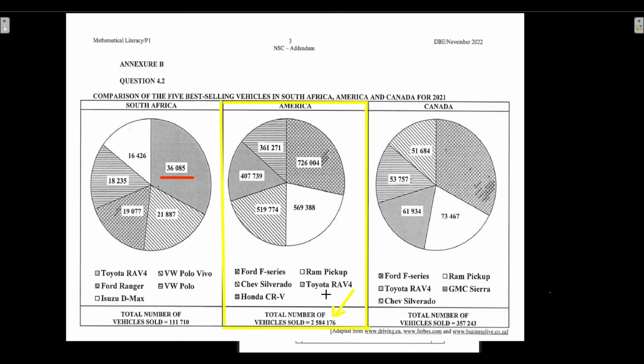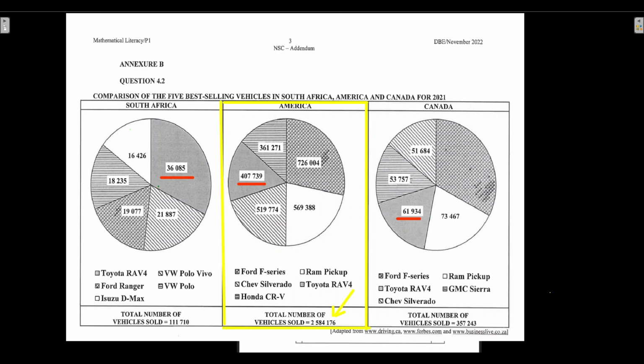In America, the total number of Toyota RAV4s sold is 407,739. And in Canada, the total is 61,934. Just analyzing this, which country sold the highest number of Toyota RAV4s in the year 2021, we can see it's America.